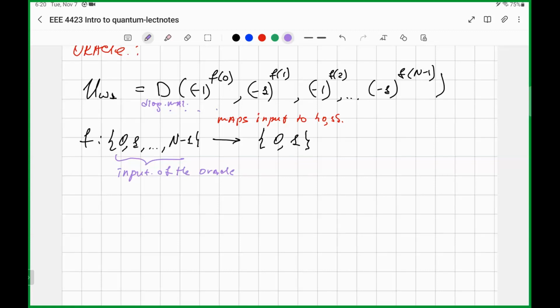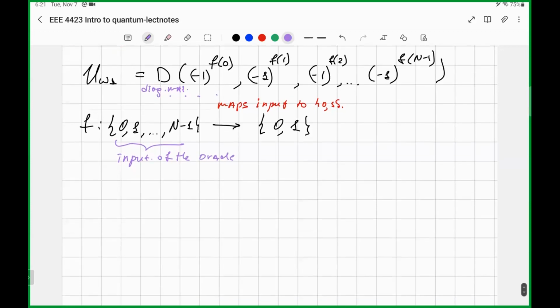All right. So this is in general how the Grover's algorithm works.